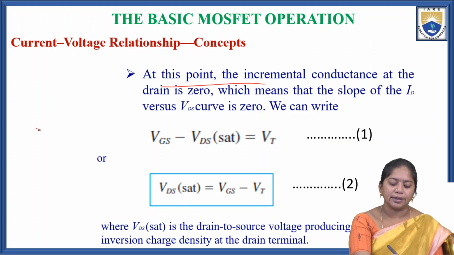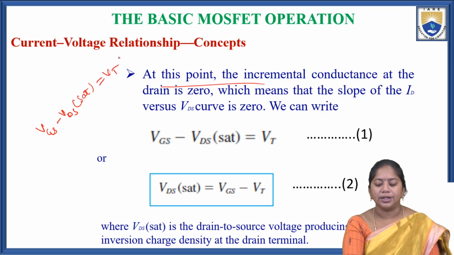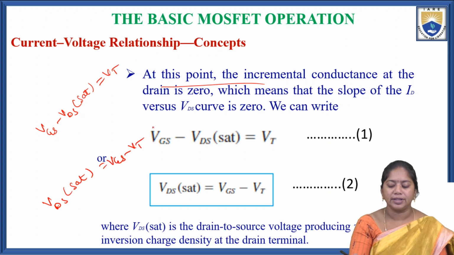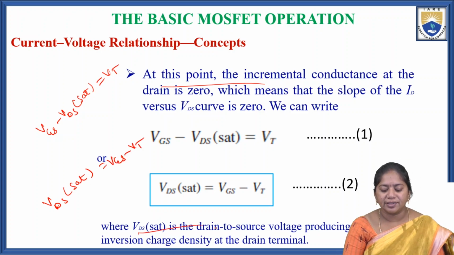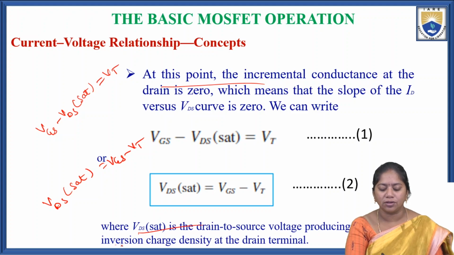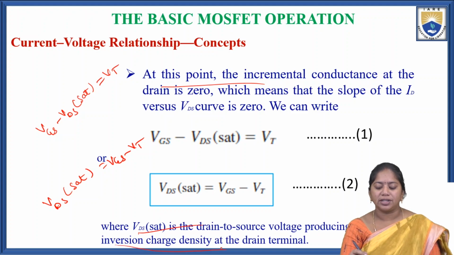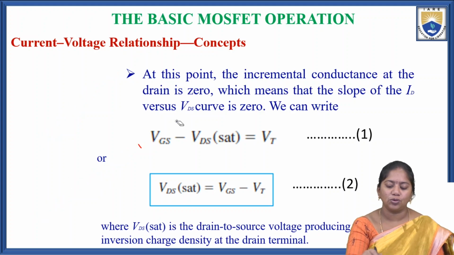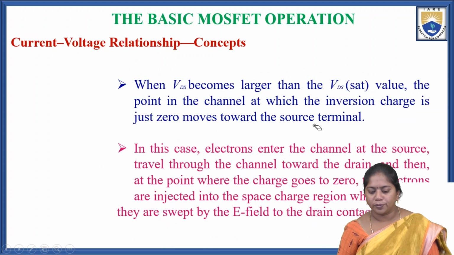So we can write that VGS minus VDS saturation equal to VT, which can also be written as VDS saturation equal to VGS minus VT, equation 2, where VDS saturation is the drain to source voltage producing the 0 inversion charge density at the drain terminal. So in this case VDS equal to VDS saturation produces the 0 slope.